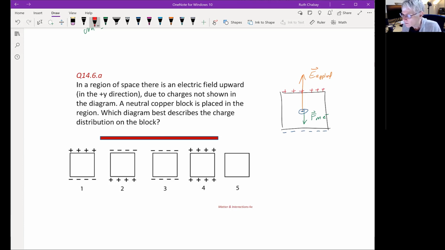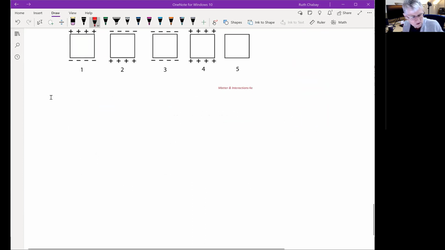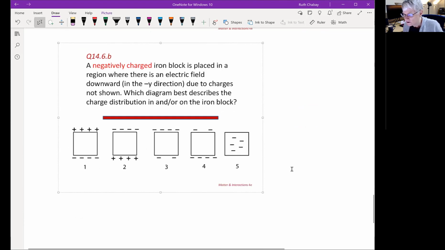Okay, what would happen if we started out with a slightly different situation? Suppose we start with an iron block that actually is already negatively charged. So it already has an excess of negative charge. What's going to be the situation?